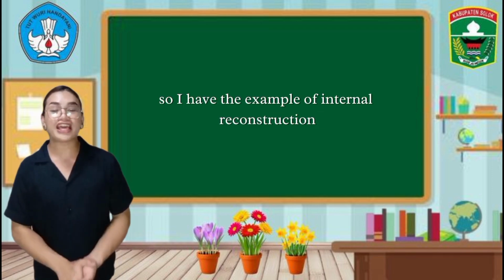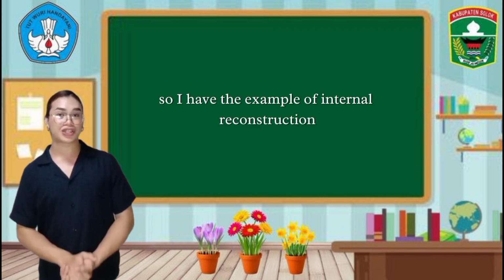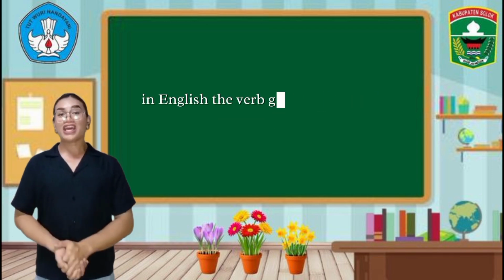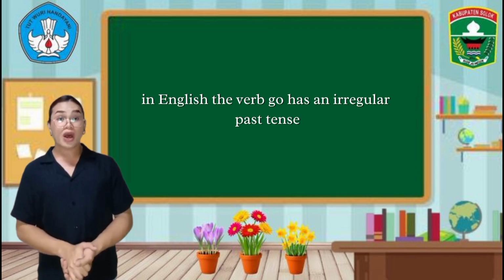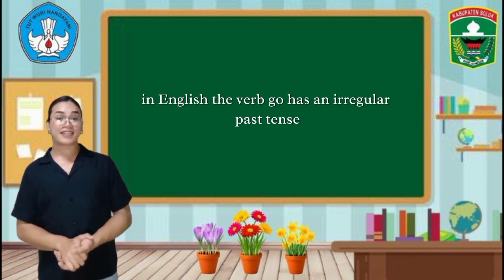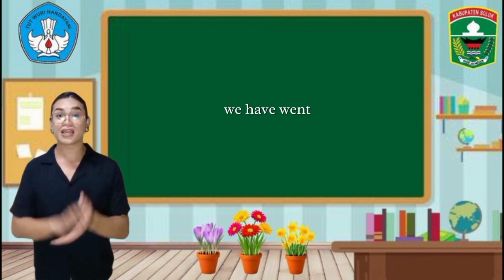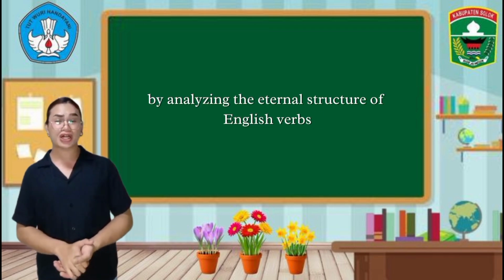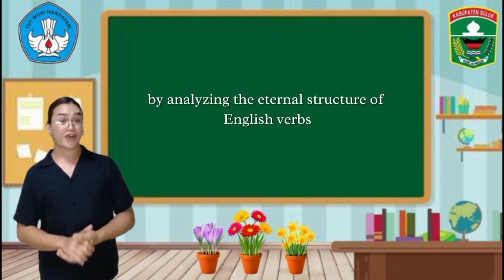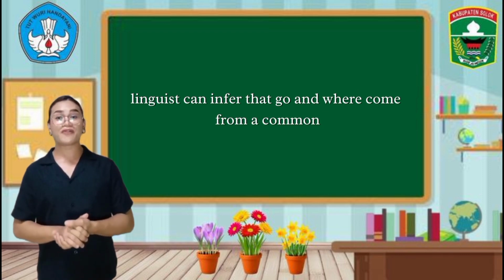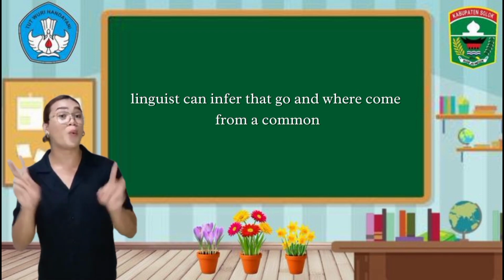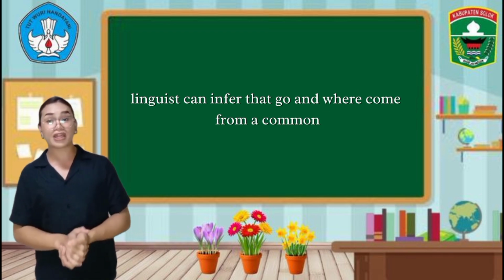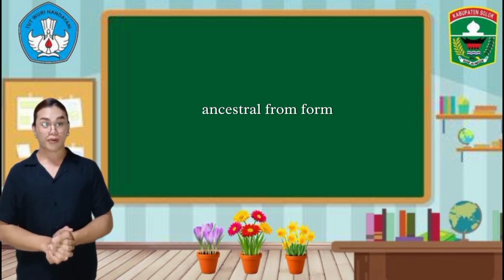So I have an example of internal reconstruction. In English, the verb go has an irregular past tense. We have went. By analyzing the internal structure of English verbs, linguists can infer that go and went come from a common ancestral form.